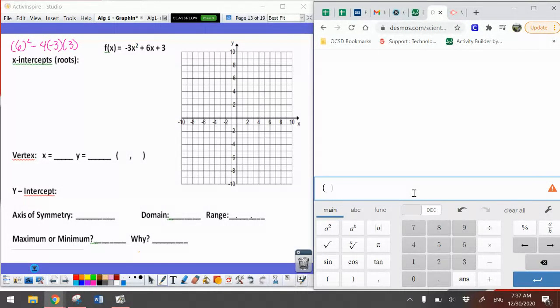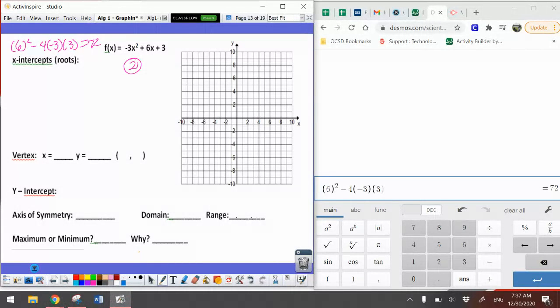So we need to put in our 6 squared minus 4 times negative 3 times 3. That gives me 72. Okay, so I know that my discriminant is 72.